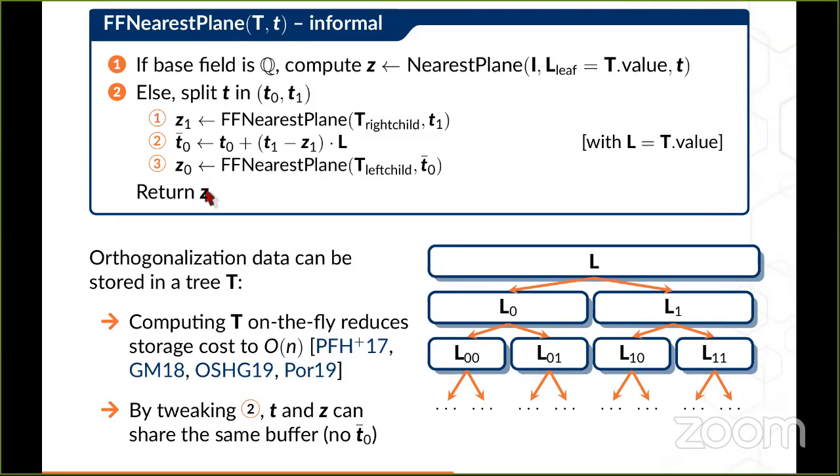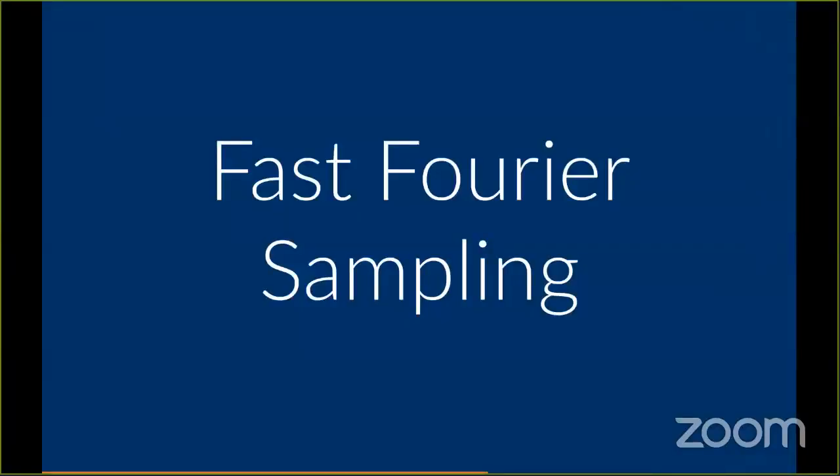So you don't gain a factor log n, but you gain a term big O of n at least. That concludes the section dedicated to fast Fourier orthogonalization. If anyone has any question before I move on to the next section.